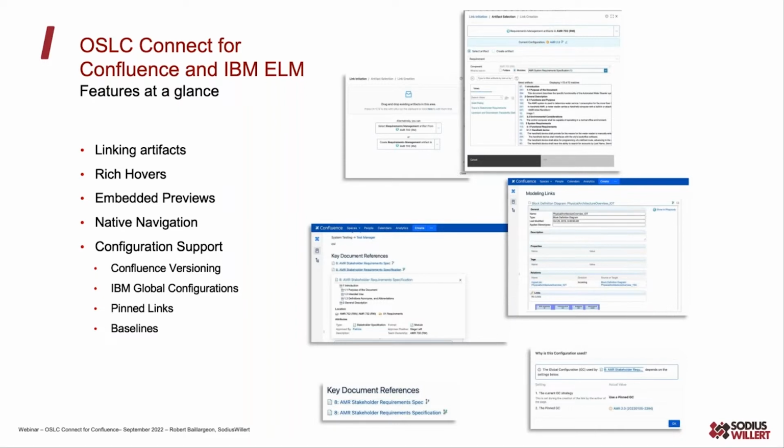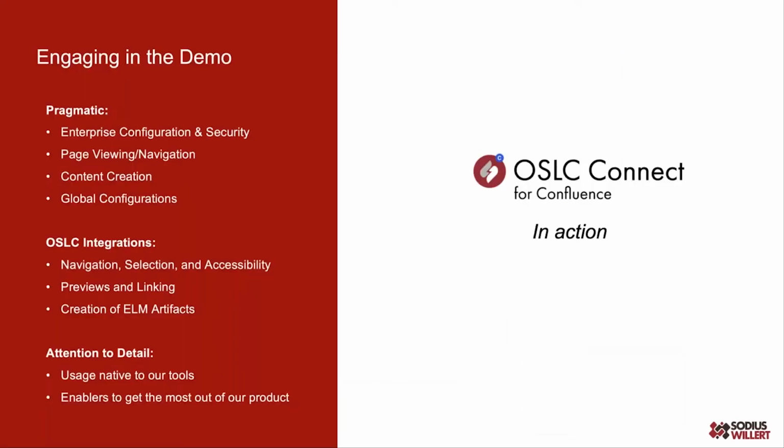So it still stays familiar to your Confluence users, and they get the most access and most ability to leverage that information that you've stored formally within IBM ELM. And so we're going to do a live demo here, and we'll walk through some scenarios. I'll point out some things.